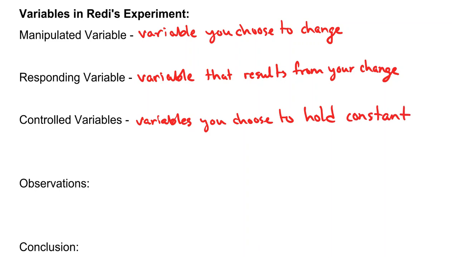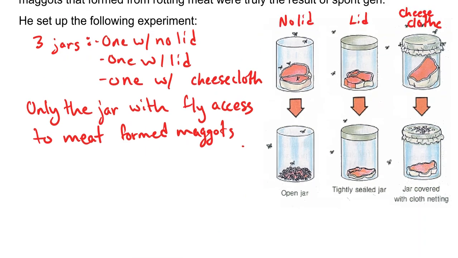So when we go back and we look at the experiment, well, what's the one thing that's changing across these three trials? No lid, lid, and cheesecloth. It looks like the type of covering on the jar.